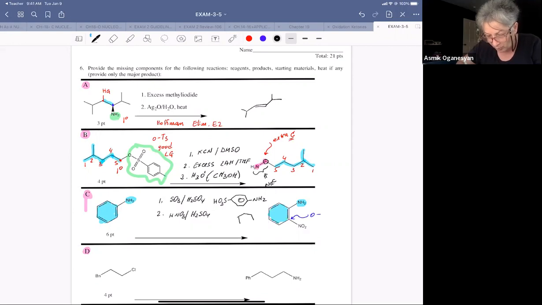Now we will be putting the substituent onto the ortho position. And since in the final product, my sulfonate is gone, I'm going to use dilute sulfuric acid to remove that group. Okay.